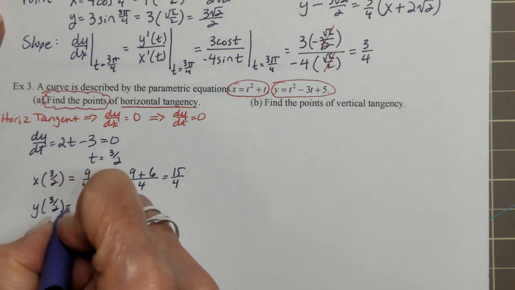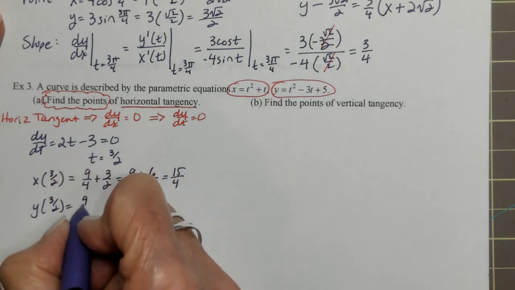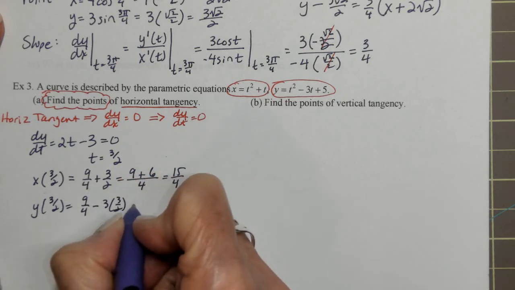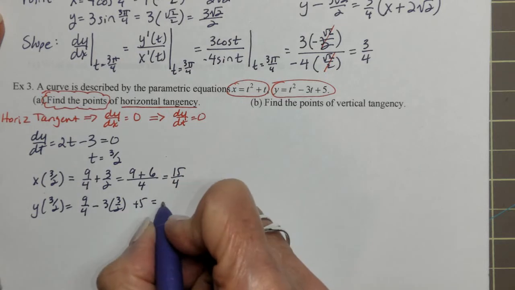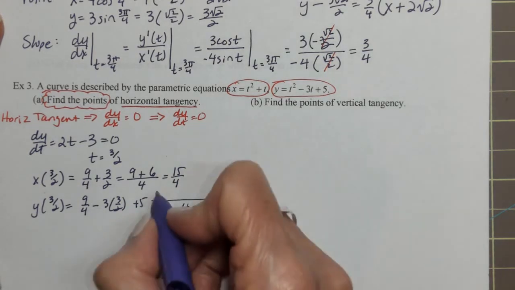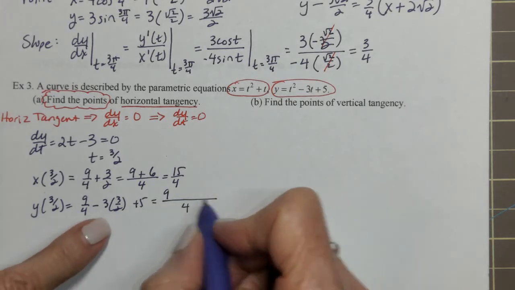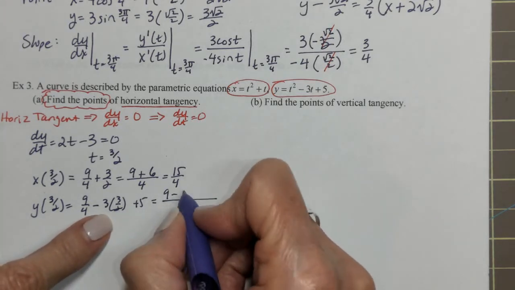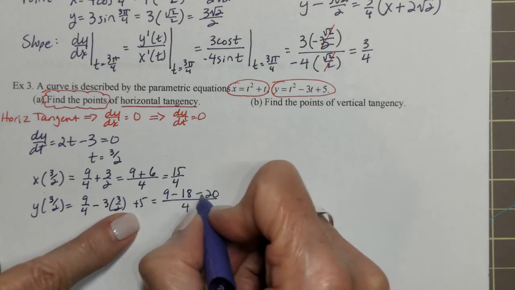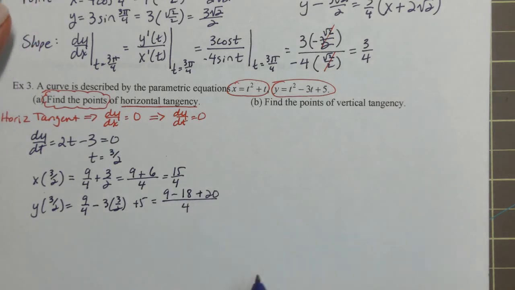Y at 3/2 will be 9/4 minus 3 times 3/2 plus 5. More fun with fractions. Common denominator is 4 again. We have 9. This would be minus 9 times 2, and this would be a 20 to get that 5.